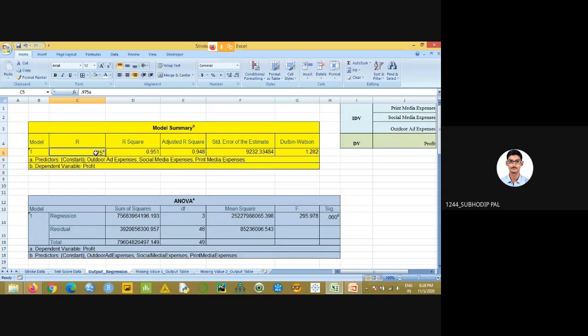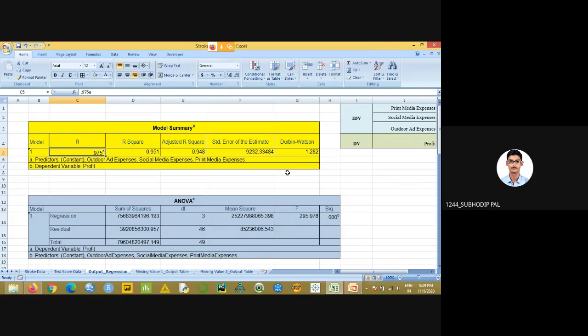Okay, so there is one limit for this R value. Generally, researchers take the R value as greater than 0.4, sorry, zero point four. In some research you will also find 0.5.